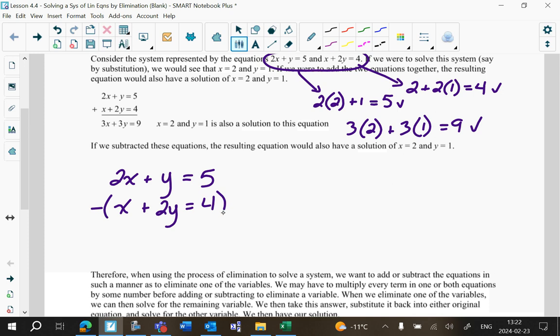Well, what's 2x minus x? x. y subtract 2y, negative y. 5 subtract 4 is 1. Is (2, 1) a solution to that? x equals 2, y equals 1. Well, does 2 minus 1 equal 1? Yes. So if I subtract two equations, I get a new equation that has the same solution.